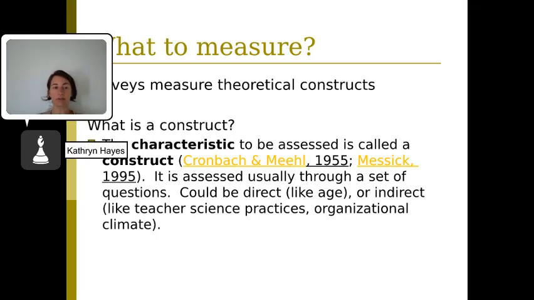Most of those things you just jotted down are called constructs. A construct is the characteristic that is to be measured in any given survey instrument. And it's usually assessed through a set of questions. It could be something direct, like age, or indirect, like teacher science instructional practices, or organizational climate, or something like that. Very often it's theoretically based, like the idea of identity.